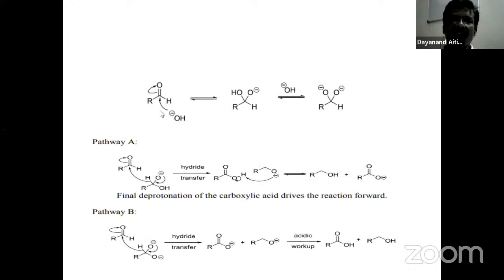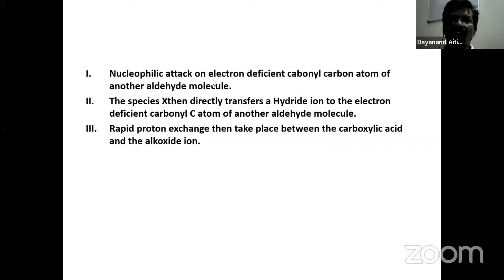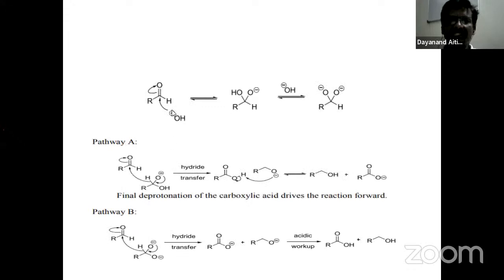First of all, the nucleophile is added, forming alkoxide. That is a nucleophilic attack on the electron deficient carbonyl carbon atom of another aldehyde molecule. The species directly transfers a hydride ion to the electron deficient carbonyl carbon. See here, a nucleophile is added, forming this derivative. In the presence of base this reaction takes place.